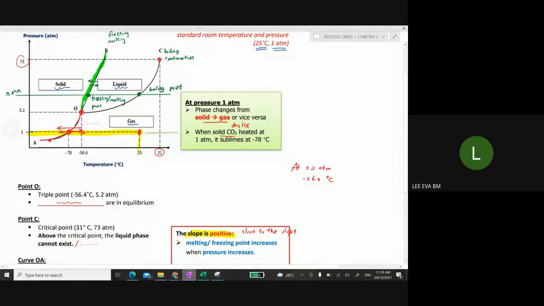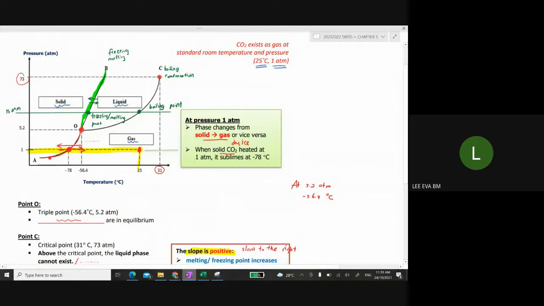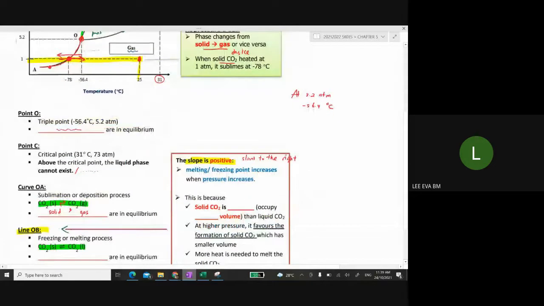So when you refer to positive slope, it means the melting or freezing point increases. And the reason has something to do with the density. Anyone want to give me the formula of density? Density equals to?